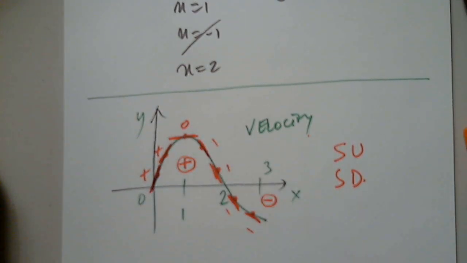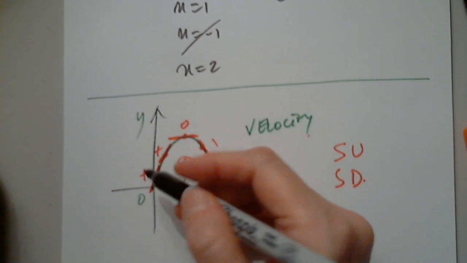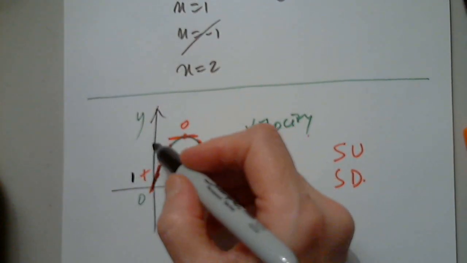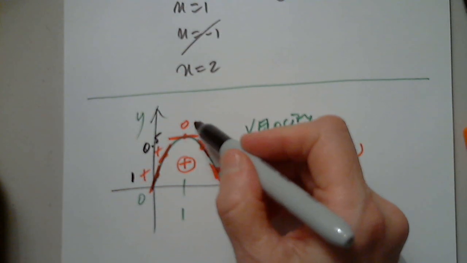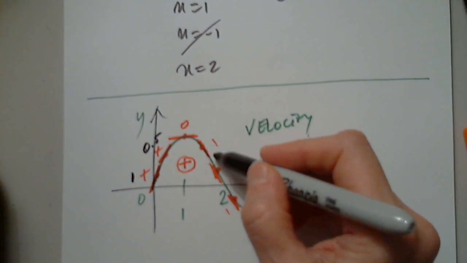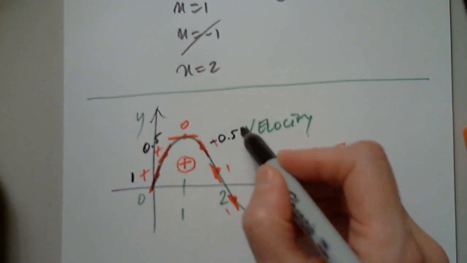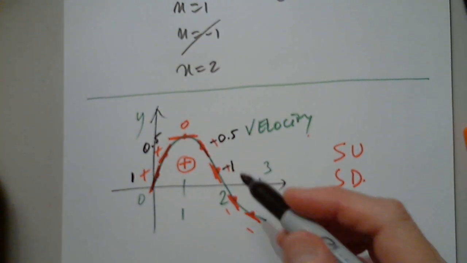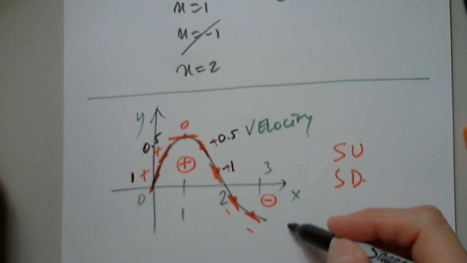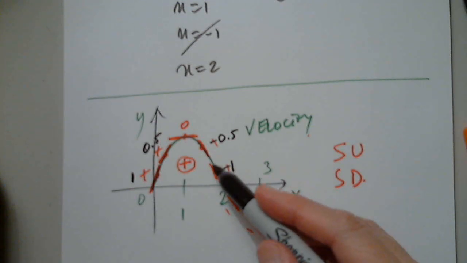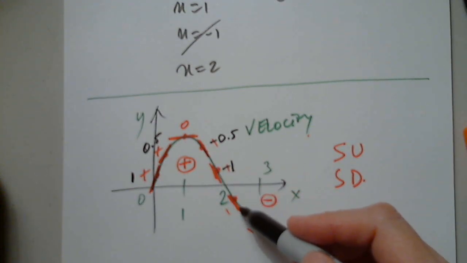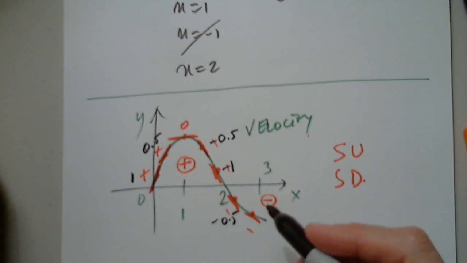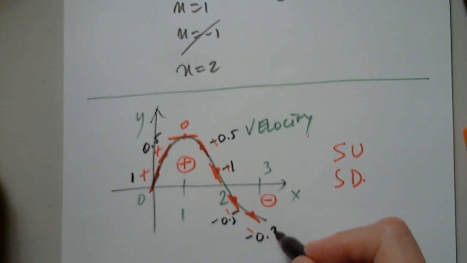Let's say here it's 1. Here is 0.5, and here the acceleration is 0, and here I'm going to say is negative 0.5. Here is negative 1, and then it starts leveling off again. So this is less steep. So negative 0.5, negative 0.3.